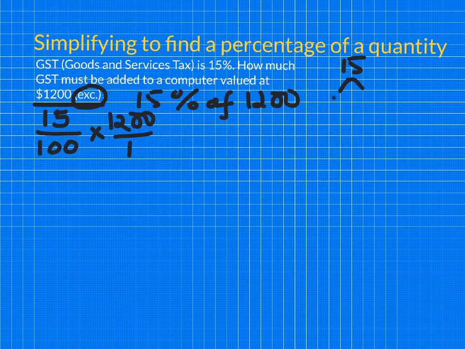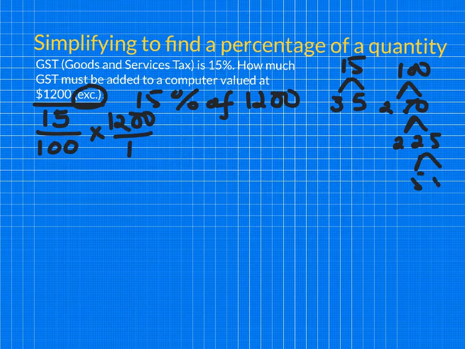15 is 3 times 5, 100 is 2 times 50, 2 times 25, and 5 times 5.